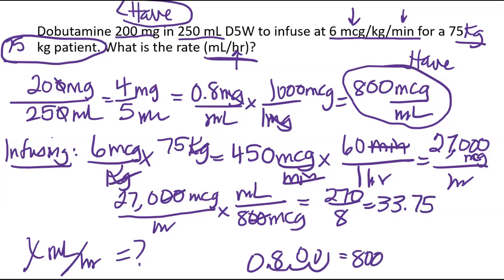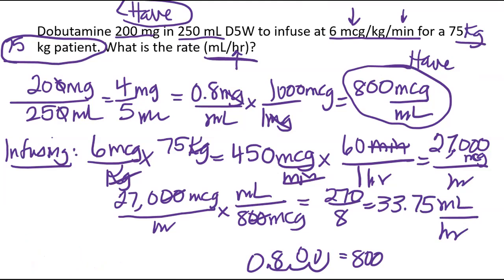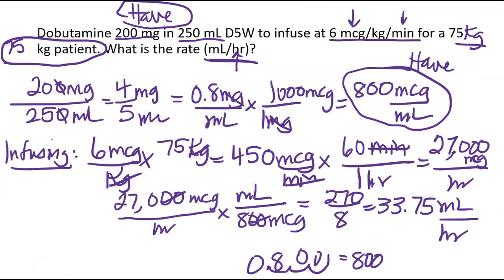Okay, and that's going to be milliliters per hour. And so your answer could be 33.8 or 33.75, or it could be 34, depending on what the rounding factor is. So let me erase this thing here, and let's look at what our answer is going to be.